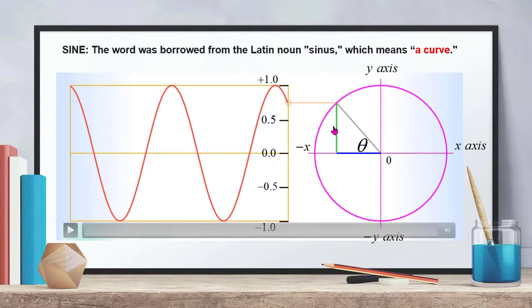Notice that there is a relationship between the opposite side and the value of the sine curve.